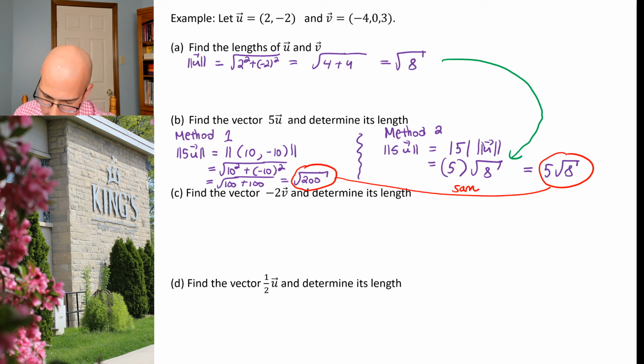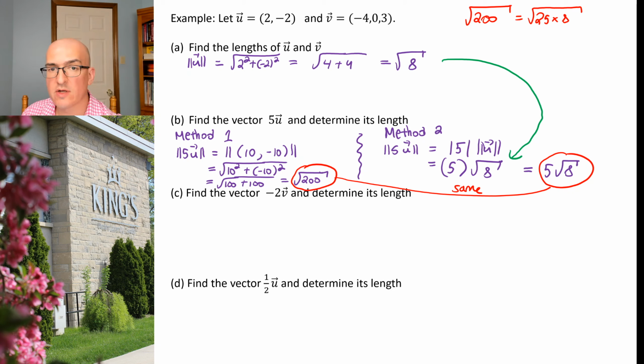How are they the same? Well, the square root of 200 is equal to, let's see, the square root of 25 multiplied by 8. Now, square root operations can be distributed across multiplication.